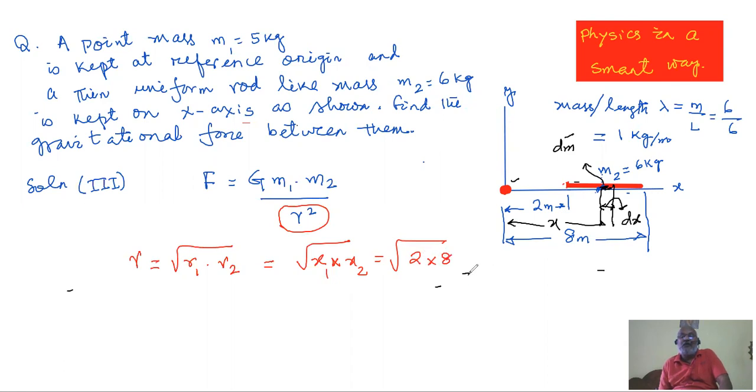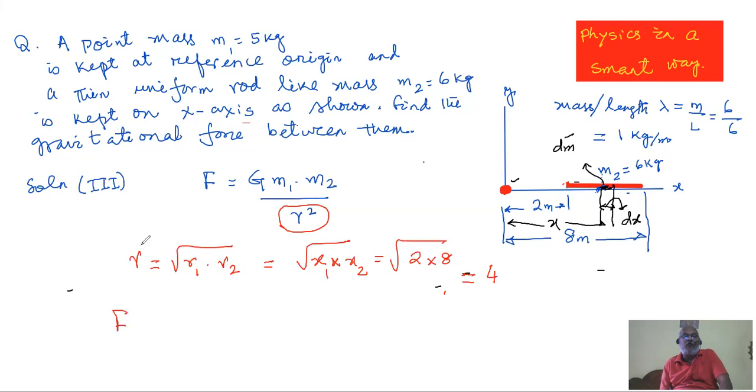So that gives us 16, and we know that will give us a value 4. He considers R as 4 meters and goes for the solution.